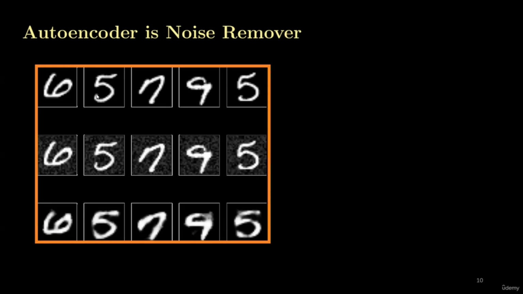This is my input data, and due to some reason, noise has been imposed on that input data. Now I want my autoencoder to remove this noise so that I can get my original images back in the original form. When I pass these noisy images to the autoencoder, it suppresses them with the help of the encoder layer and the latent layer.